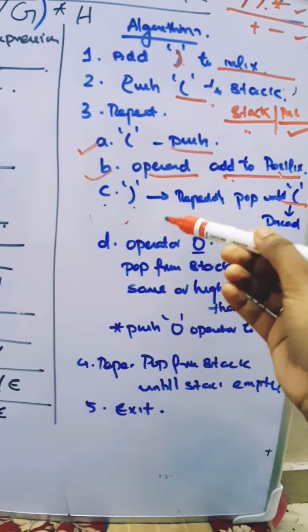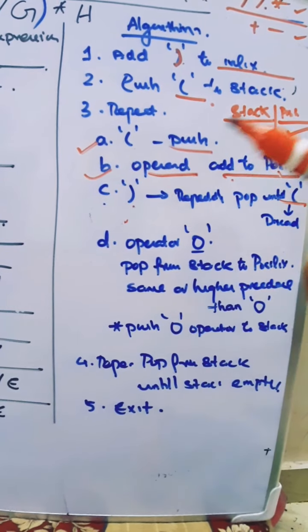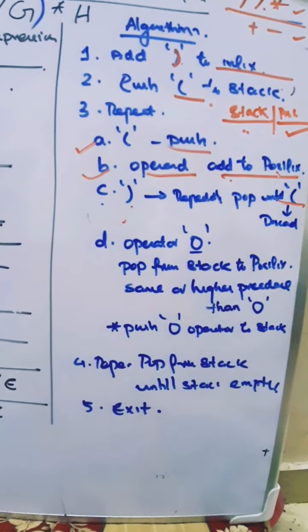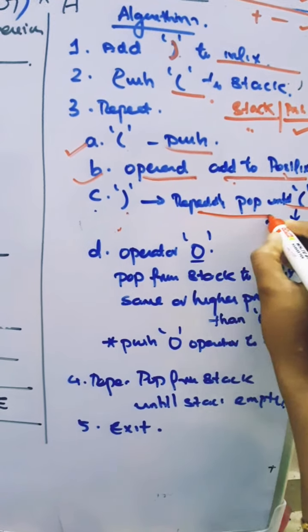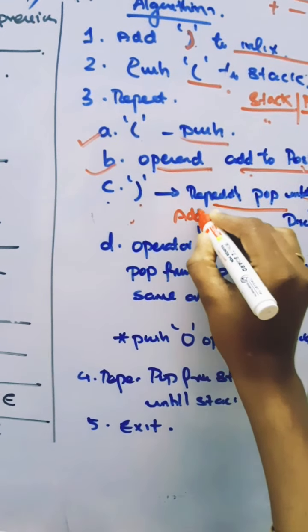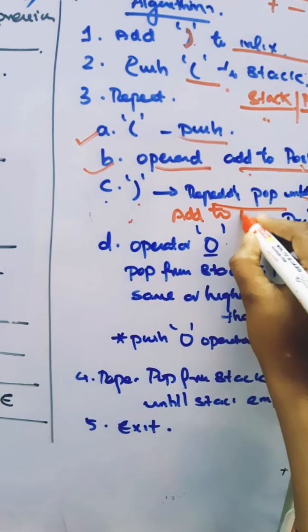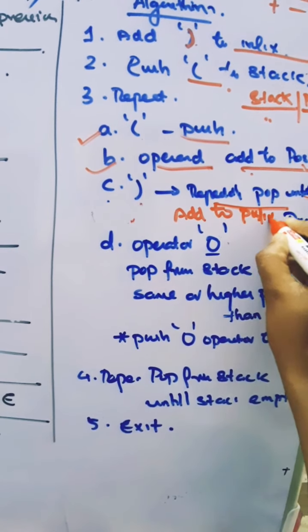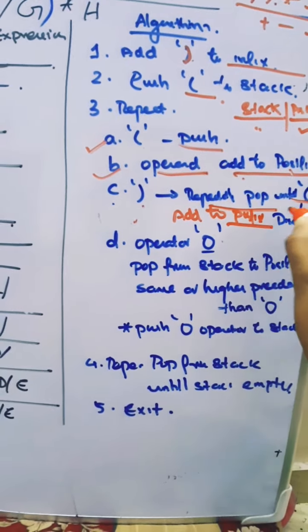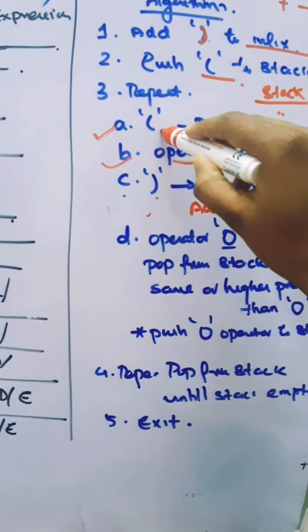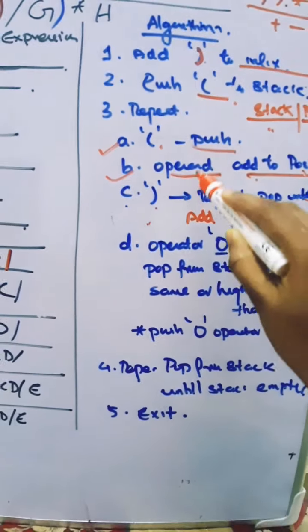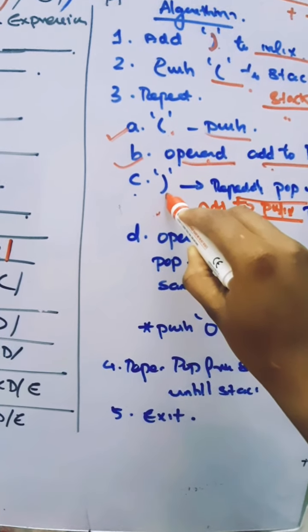So pop the operators and everything from the stack and add to the postfix expression. So repeatedly pop and add to the postfix expression. Okay. So there may be a chance for evaluating a left parenthesis, an operator, and a right parenthesis.